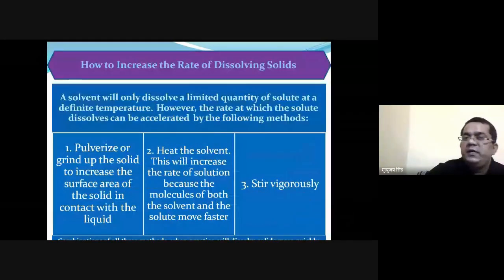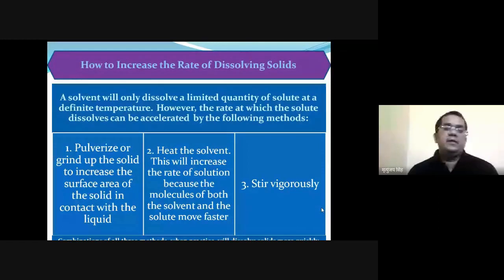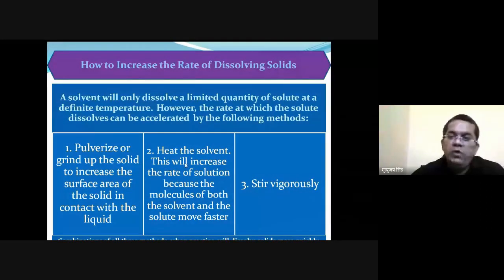How to increase the rate of dissolving solids? When you are going to dissolve your substances in a solvent, a solvent will only dissolve a limited quantity of solute at a definite temperature. However, the rate at which the solute dissolves can be accelerated by the following methods.